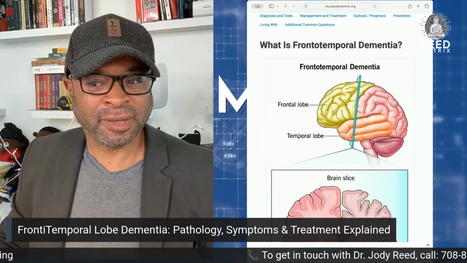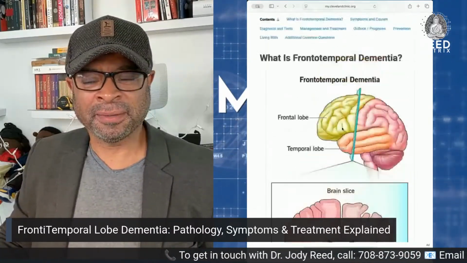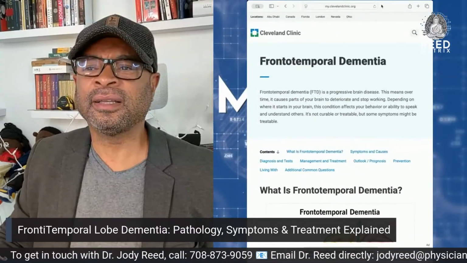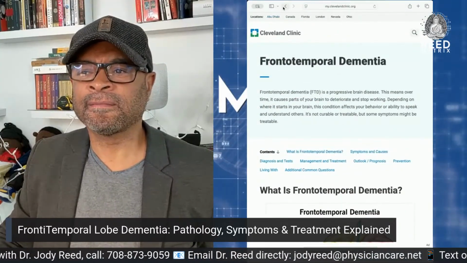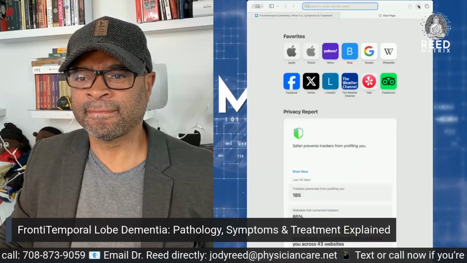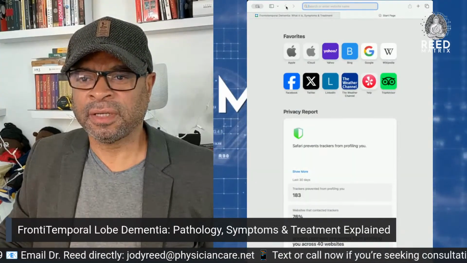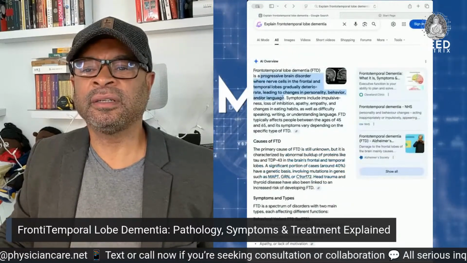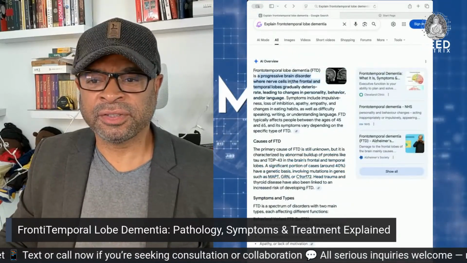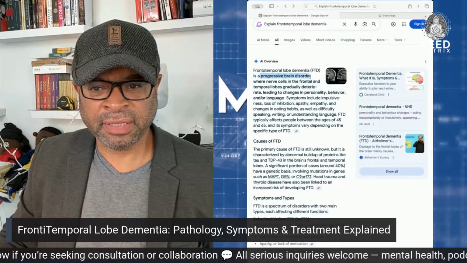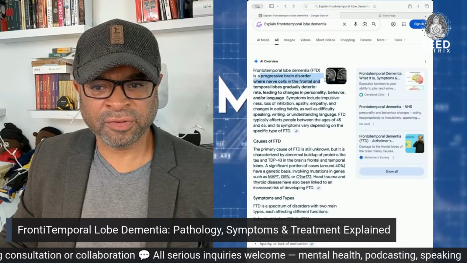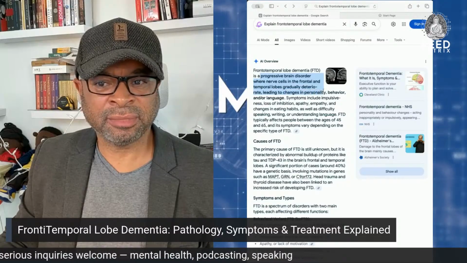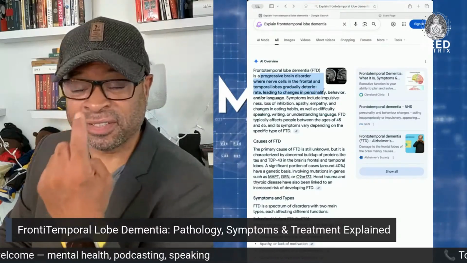So, frontotemporal lobe dementia. That makes sense. Okay, yeah. So it's a progressive brain disorder where nerves in the frontal and temporal lobes are gradually deteriorating, leading to changes in personality because it affects the frontal lobe.